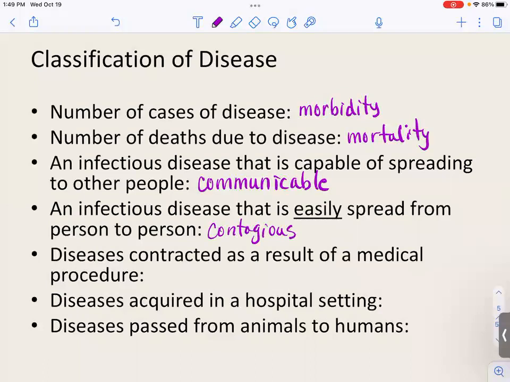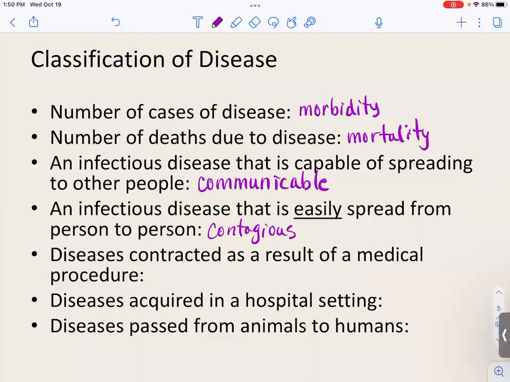Some infectious diseases are not communicable. Something like anthrax, you'd have to try really hard to infect somebody else with cutaneous anthrax. You would have to rub the spores from your sore into somebody else's. So most of the time infectious diseases are communicable, but not always. And if they're easily spread, something like COVID, then it's going to be contagious.